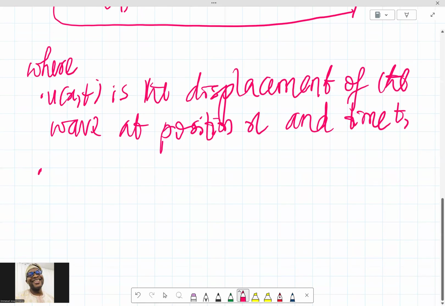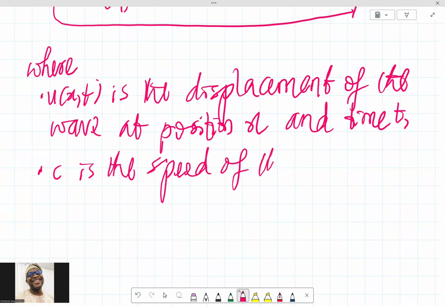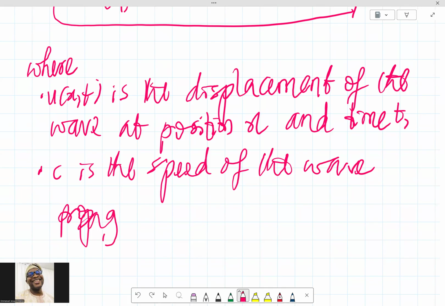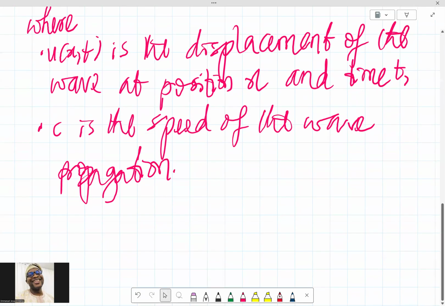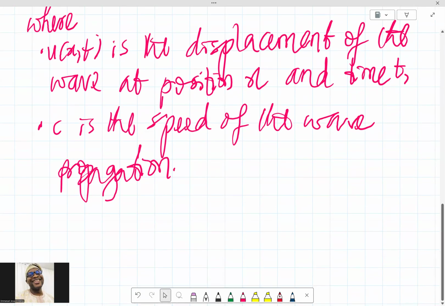Then we have c, which is the speed of the wave propagation. Of course, u is the dependent variable, and x and t are the independent variables.